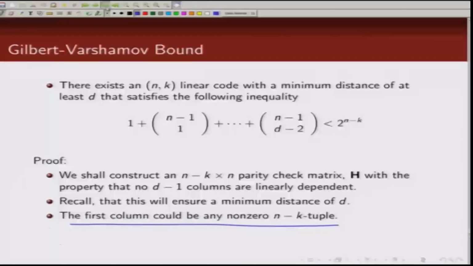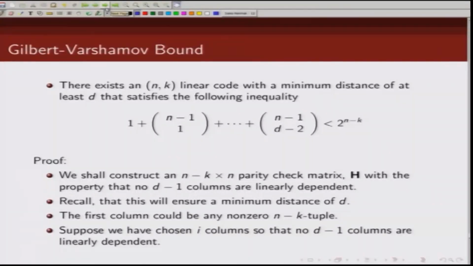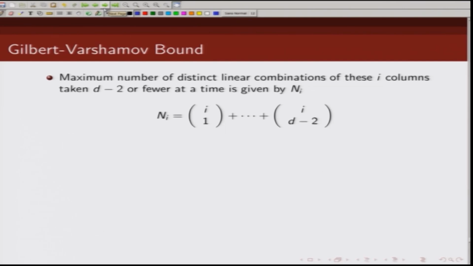And let us assume that we have chosen i columns of this parity check matrix such that no d minus 1 columns are linearly dependent. Now, if we want to do that, we have to ensure the following. So, let us look at the maximum number of distinct linear combinations of i columns taken d minus 2 or fewer at a time.